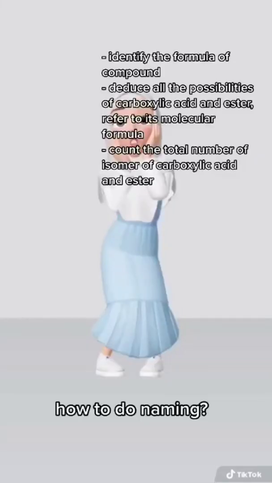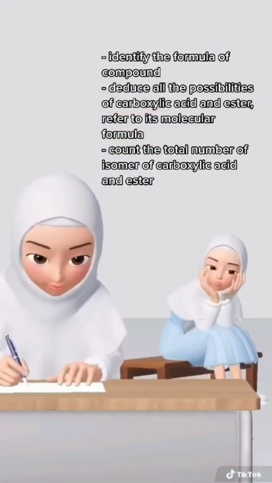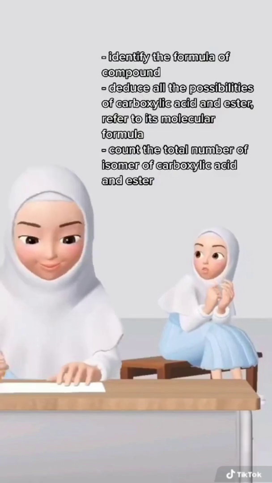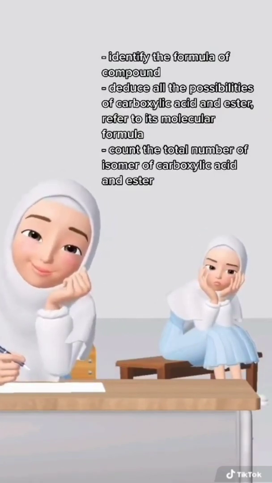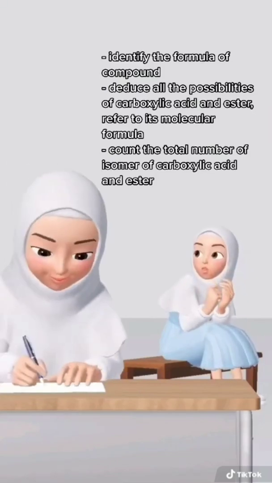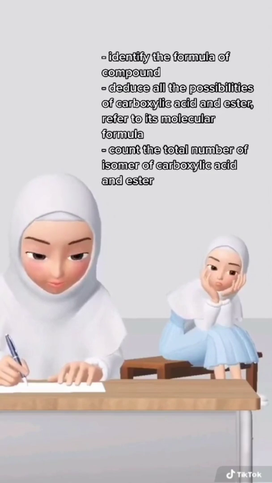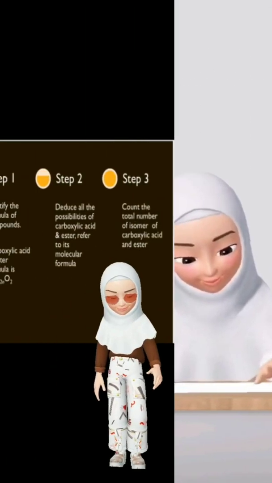How to do naming? First, you have to identify the formula of the compound. Second, deduce all the possibilities of carboxylic acid and ester, referring to the molecular formula. The last one is to count the total number of isomers of carboxylic acid and ester. And you're done.